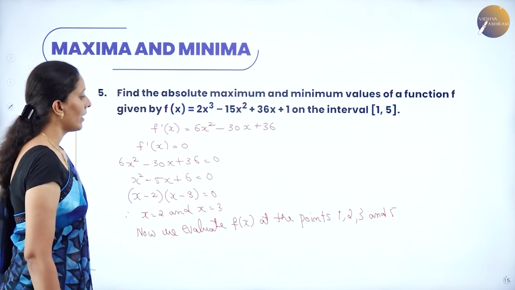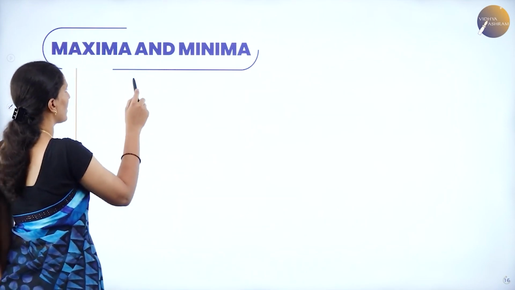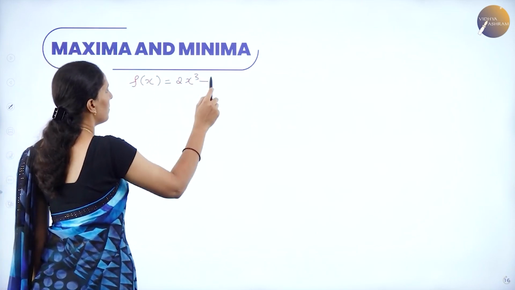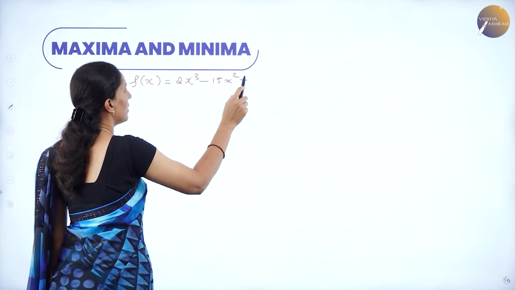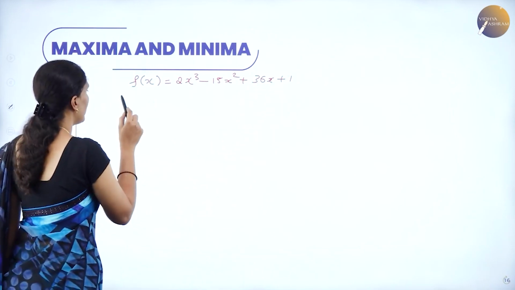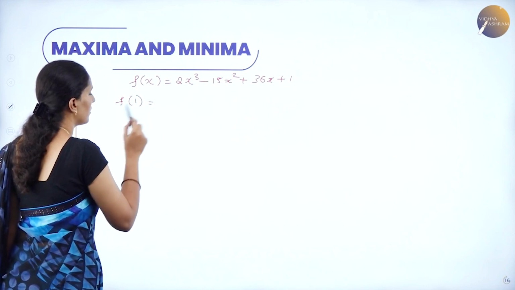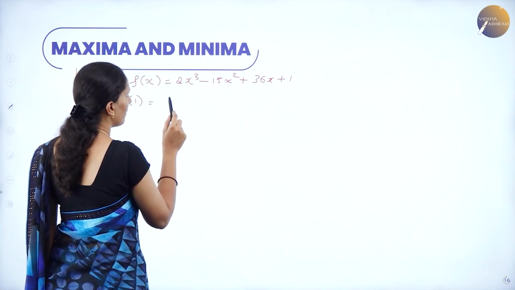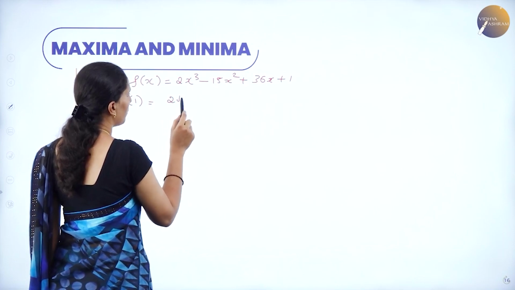So, let us write f of x now. f of x is 2x cube minus 15x square plus 36x plus 1. Now, let us find the value f of 1. When you substitute 1 here, you will get the value as 24.